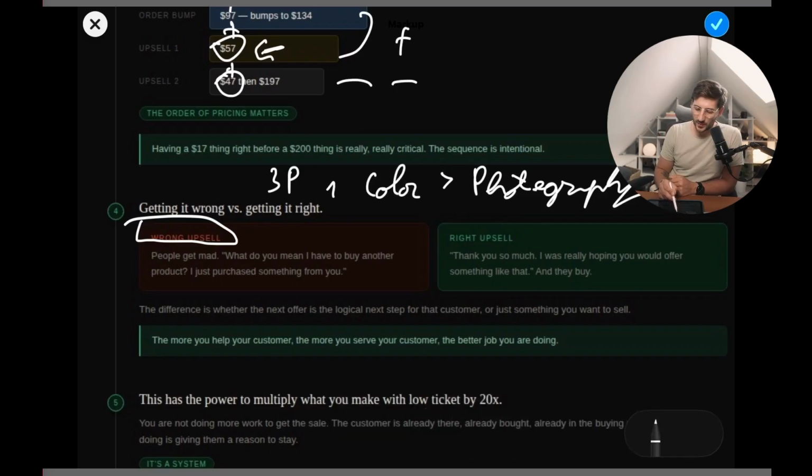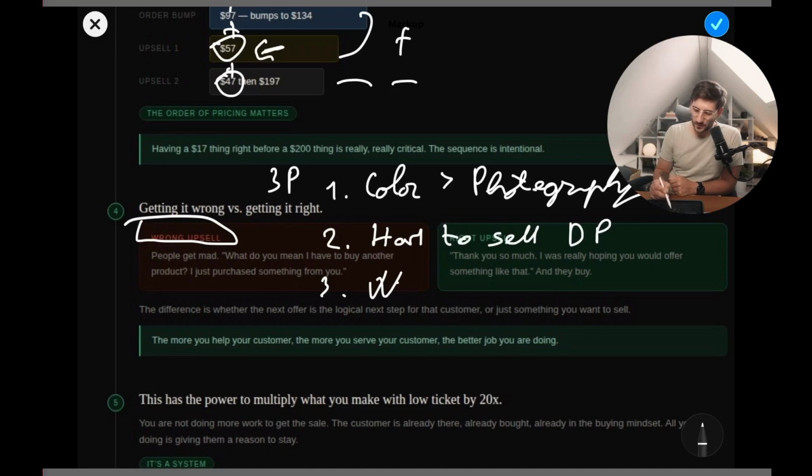So this is product 1. Product 2 is how to sell digital products. Product 3 is what do you do after someone bought from you? So what do you do after the first buyer?